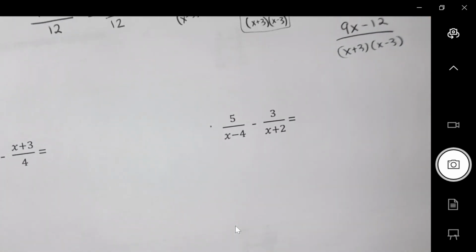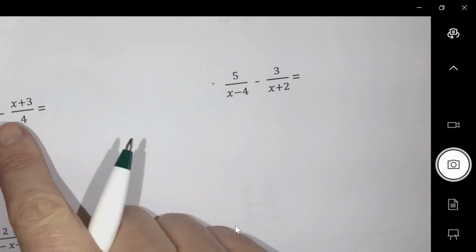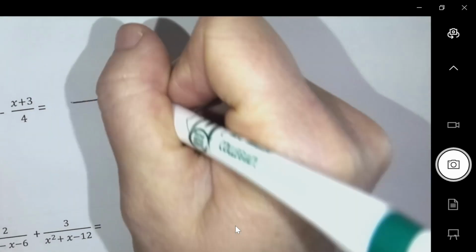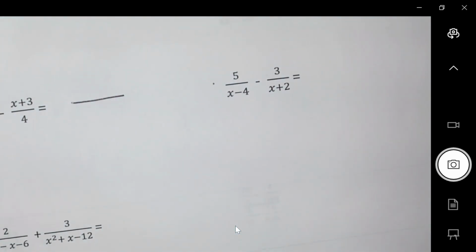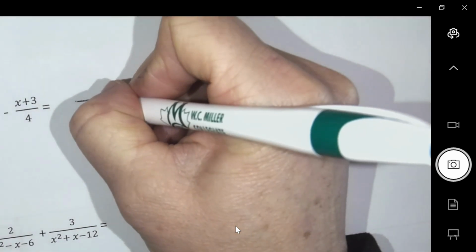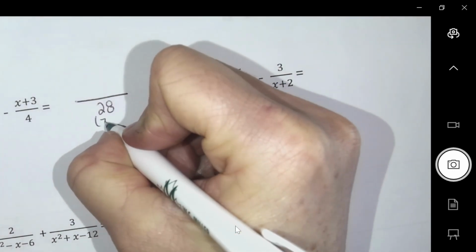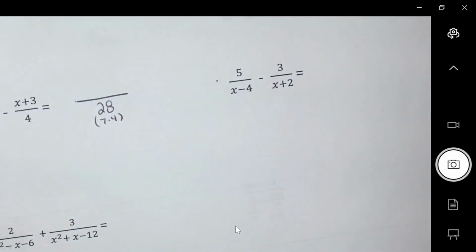Okay, so this one, now both numbers, I need to get a common denominator between the two of them. So I'm going to pick 28, which is 7 times 4, by the way, right?